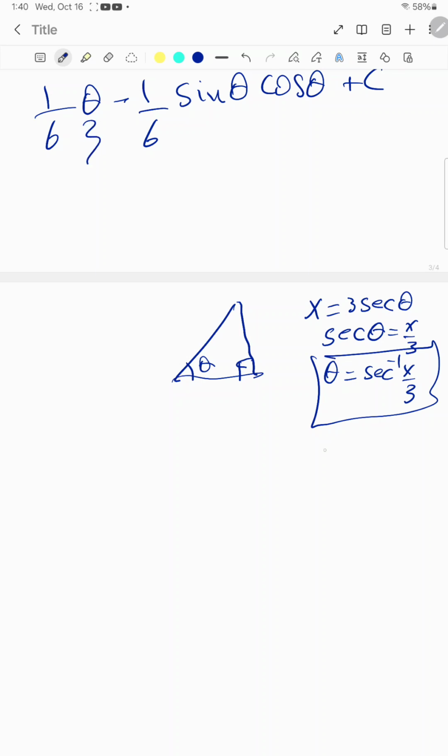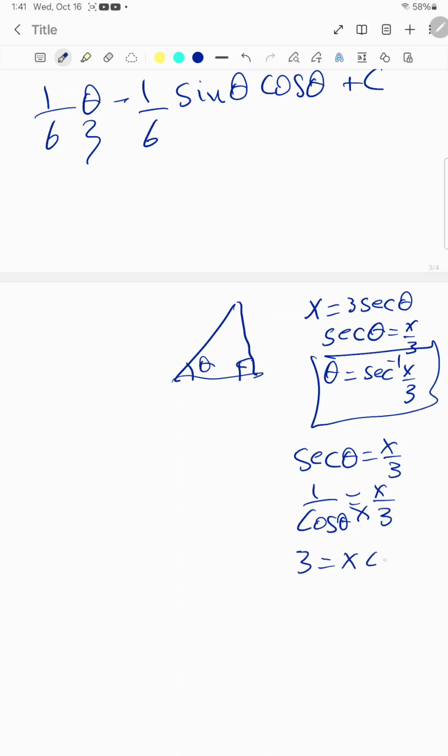And then I take sec of theta equal x divided by 3. I know that sec is equal 1 divided by cos of theta, so it is equal x divided by 3. I will do cross multiplication. I would have 3 equal x cos of theta. So my cos of theta is 3 divided by x. And I know the cos is the adjacent divided by the hypotenuse.